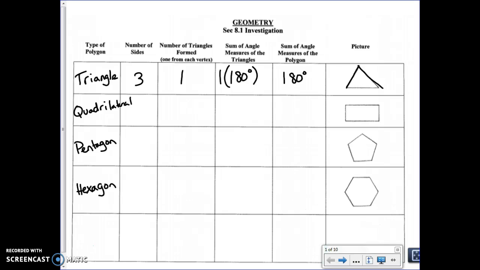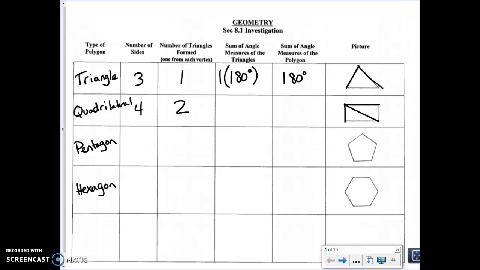So now if I look at the next one, a quadrilateral has 4 sides. I'm just going to pick one vertex. And if I draw to the other vertices, how many triangles have I formed? And I can see that I've cut that into 2 triangles. So I formed 2 triangles.